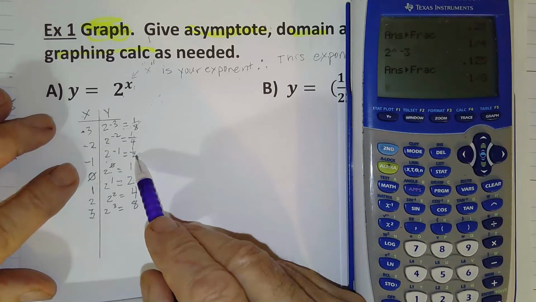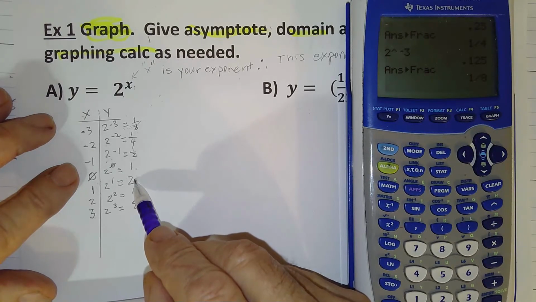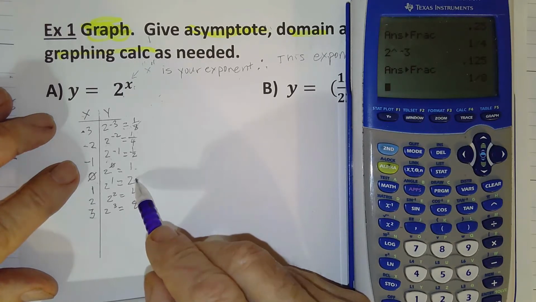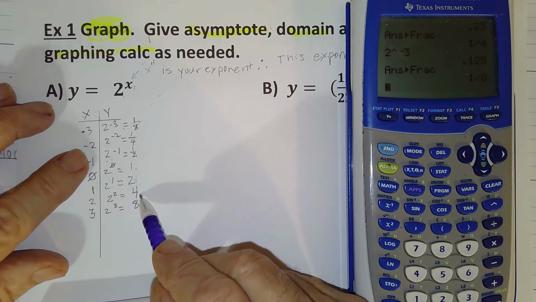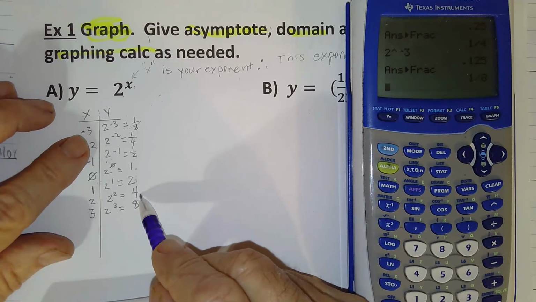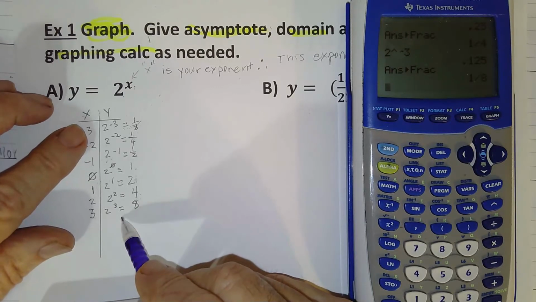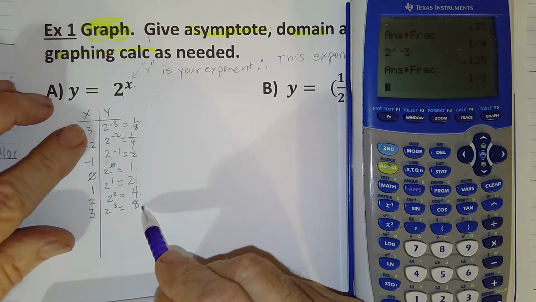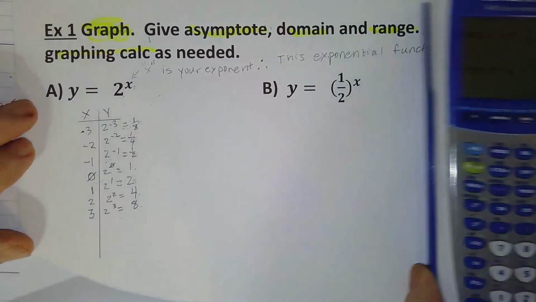And if you'll notice, basically they're the reciprocal of the numbers you see above. For 2 to the 1, you get 2. For 2 to the negative 1, you get the reciprocal of 2, which is 1/2. For 2 squared, you get 4. For 2 to the negative 2, you get the reciprocal 1/4. For 2 to the 3, you get 8. For 2 to the negative 3, you get 1/8. So something to recognize, understand the dynamics of that.